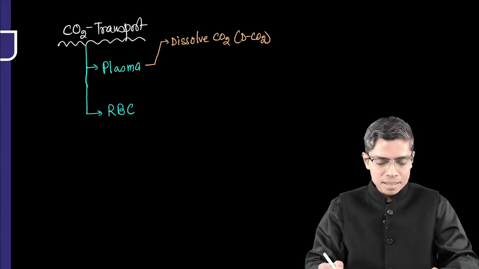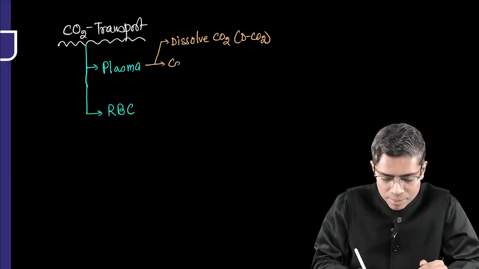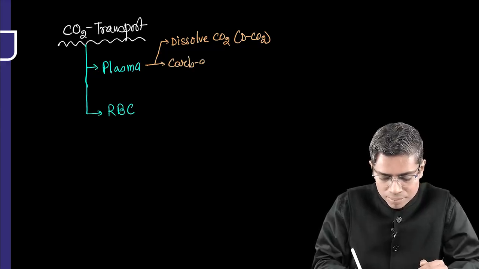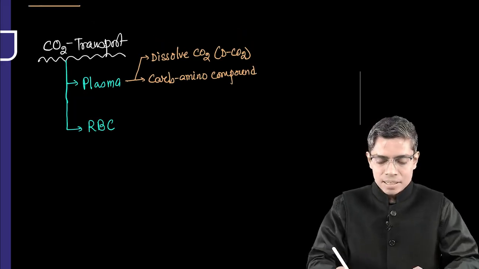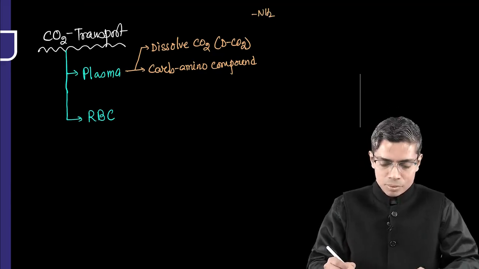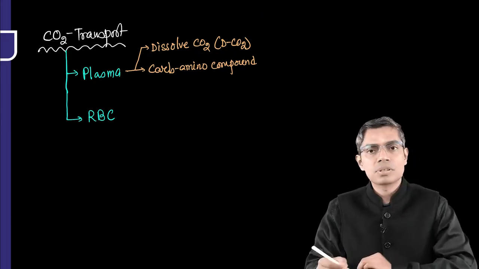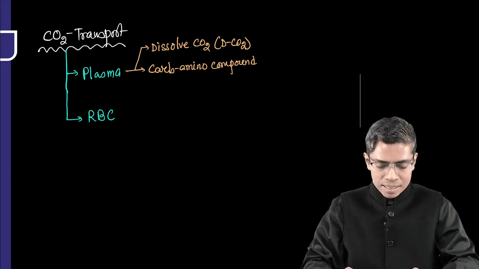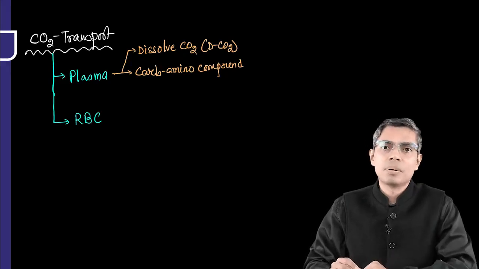So it is the same as the dissolved oxygen, right? Then second is the carb amino compound. So what is that? Carb amino compound means carbon dioxide is attached with amine group, NH2 group. So in plasma, we know that there are plasma proteins. Whenever the carbon dioxide is attached with the amine group of plasma protein, then that is known as the carb amino compound, right?